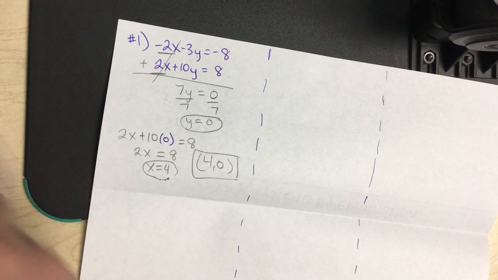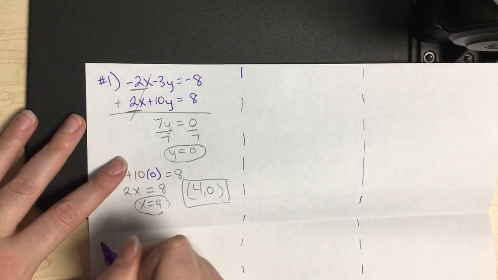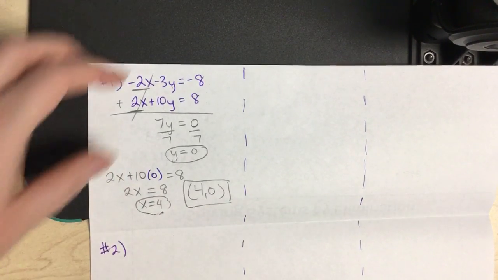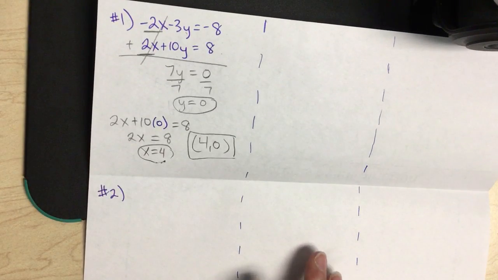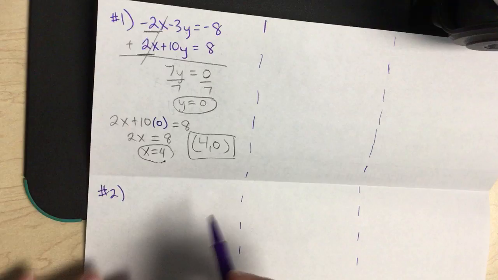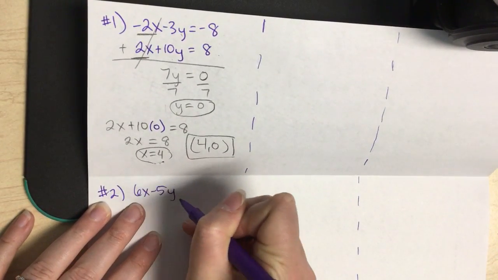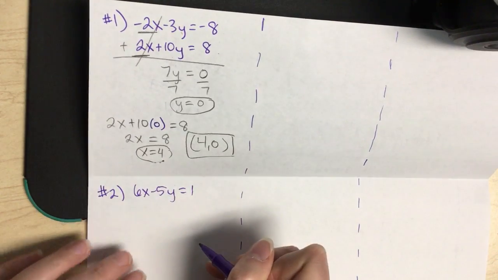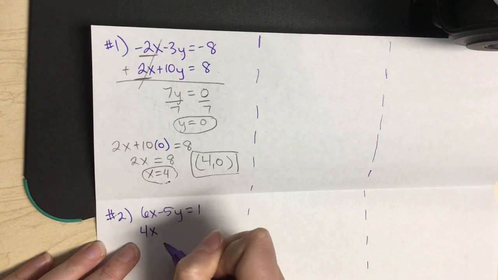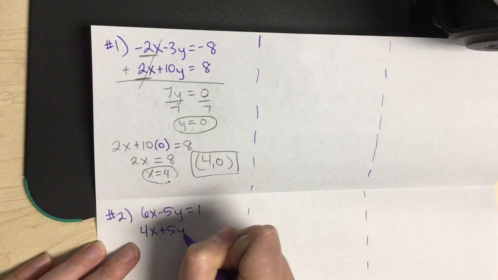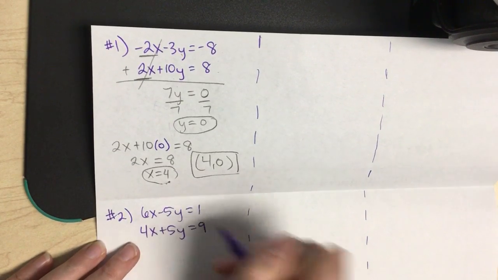Example number 2. So this one's going to look like 6x minus 5y equals 1, and then 4x plus 5y equals 9.